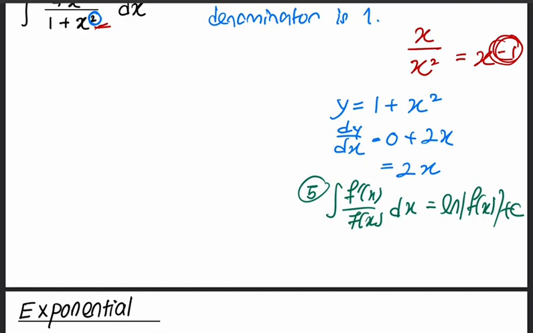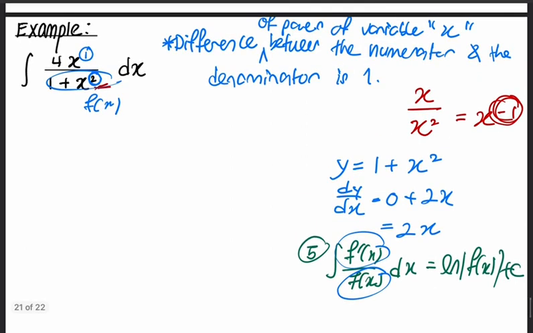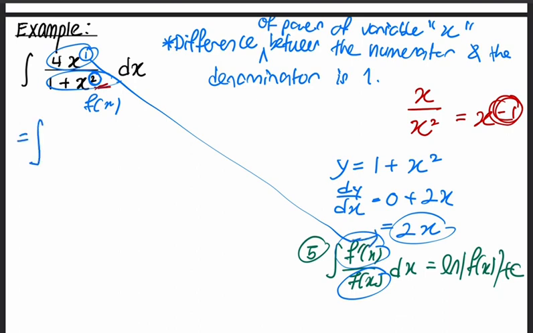So now you already have the f x here. You need to create your f prime x, since the difference is only 1 degree. So how can my 4x change to 2x? Very easy. You write what you want here, and you multiply with a 2. Has it become 4x already? It's the same thing. Okay, so 1 plus x squared dx.